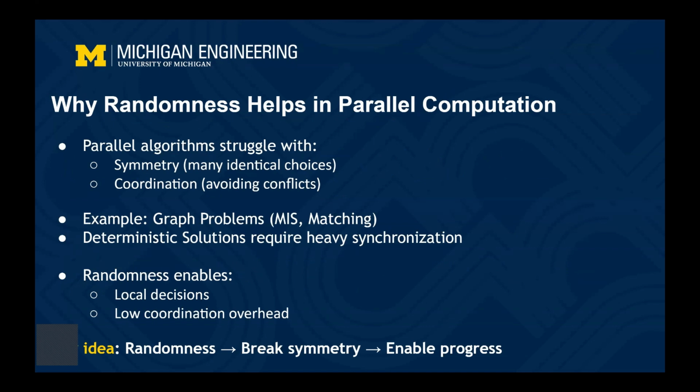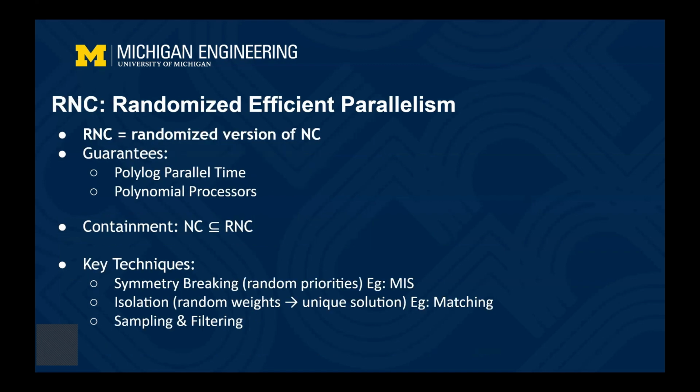Randomness gives a clean way around that. Instead of forcing expensive global coordination, we let processes make independent random choices. With high probability, enough of these choices succeed that the computation makes progress everywhere at once. So the key idea here is randomness helps parallelism by breaking symmetry cheaply.